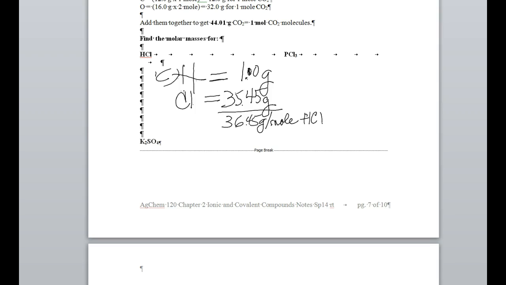So what's the atomic weight for phosphorus? Okay, so it's 30.97 grams per mole, right? Where's chlorine on my chart? Yeah, we just did that, didn't we? And how many do I have? 3?